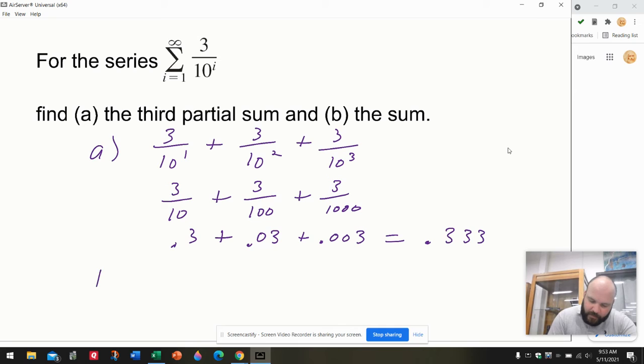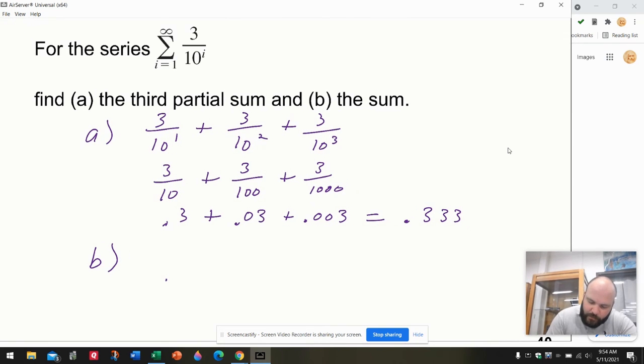Now, for part B of this, they actually asked us to add up the entire thing. Now, you might say, well, it goes from 1 to infinity, so how are we going to add up an infinite number of numbers? Well, we don't actually have to do that. What we need to do is look at the pattern and see what's happening here. And you can see that each part adds another decimal place to it, and they keep getting smaller and smaller and smaller. And so if we were to continue this pattern, you'd see we'd have 0.3 plus 0.03 plus 0.003 plus 0.0003 and so on.